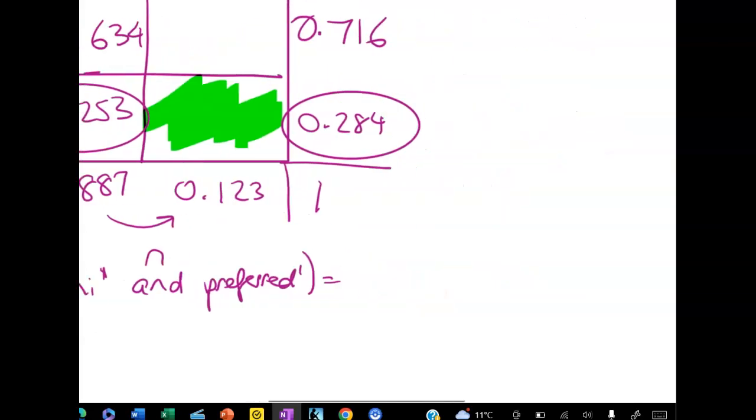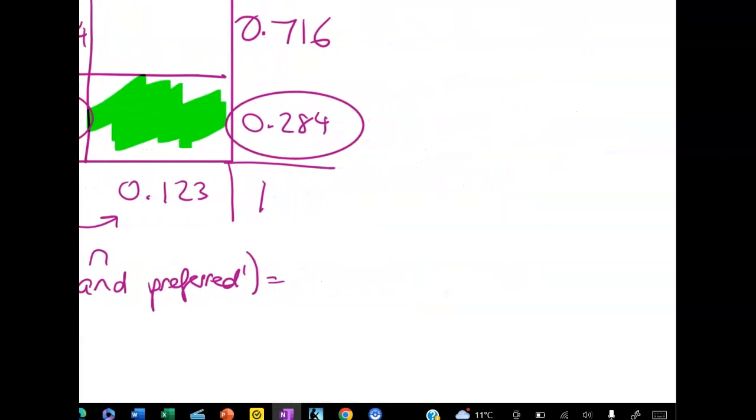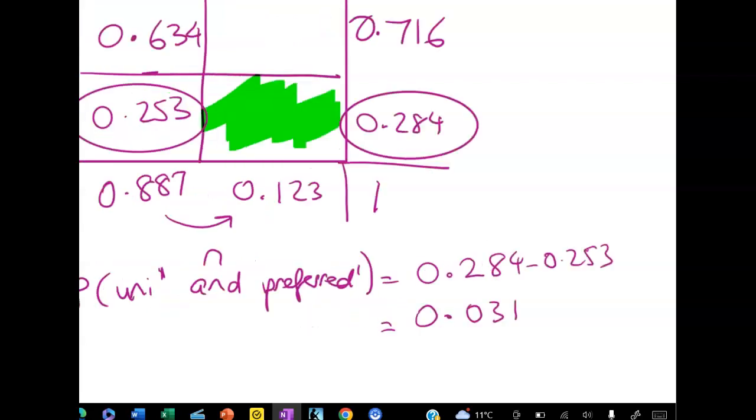So, oopsie, something weird's happened to my stylus. Okay, it's working again. So 0.284 minus 0.253 says that the percentage in that category is 3.1%, right?